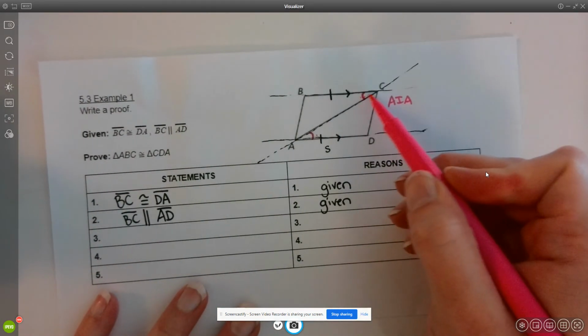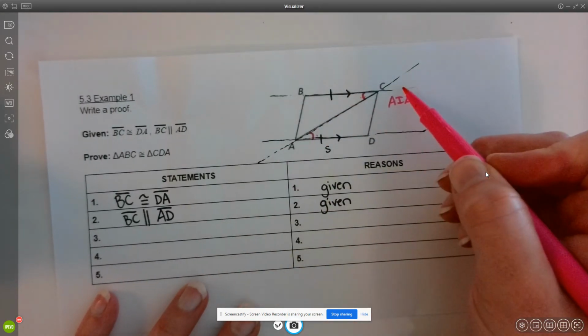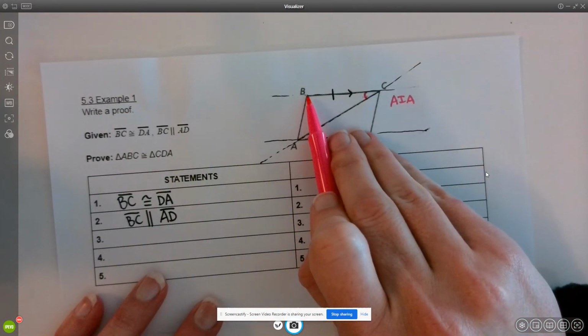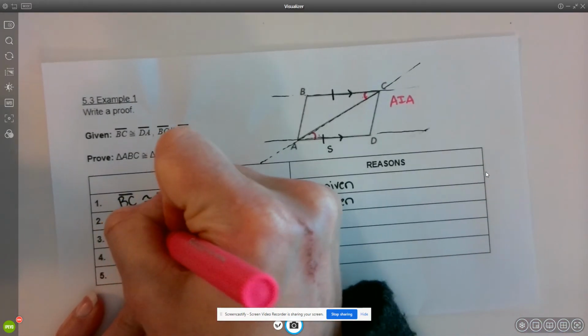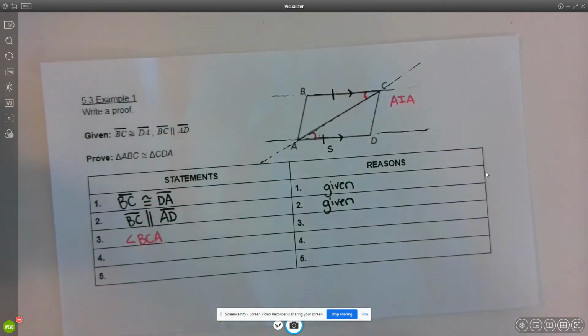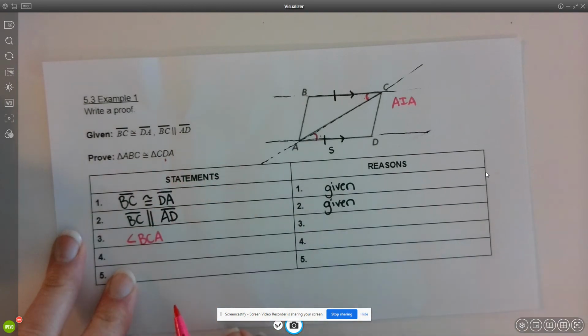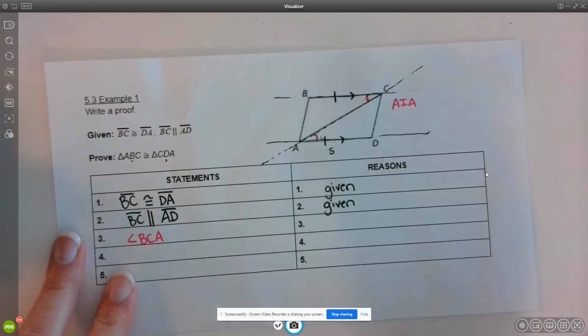So to name this angle, I can't just name it angle C. I have to use three letters because I have multiple angles at point C. So I'm going to name this angle BCA. Now we've got to be careful. B matches with D, remember? So if you look up at your congruent statement, B and D match.